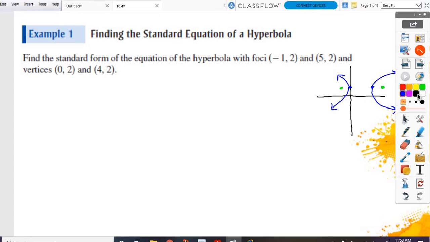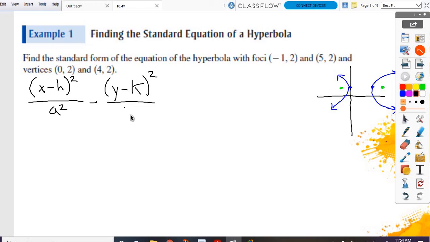So that tells us that we're going to use which of our equations? Or which variable is going to come first? The x's. So we would have (x minus h) quantity squared divided by a squared minus (y minus k) quantity squared divided by b squared equals 1.